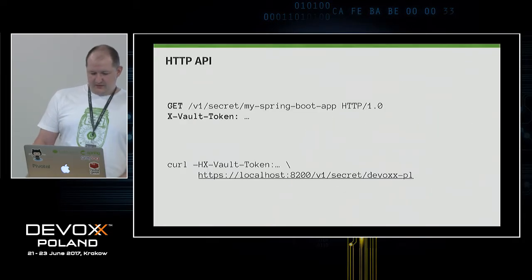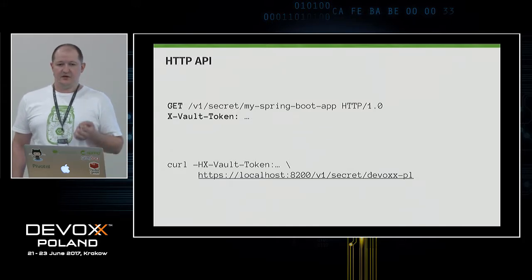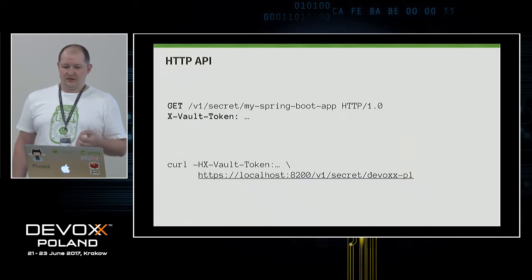So the important bit on using Vault is that you have to specify a token on every request. And how you get that token depends a little bit on your workflow and your requirements.